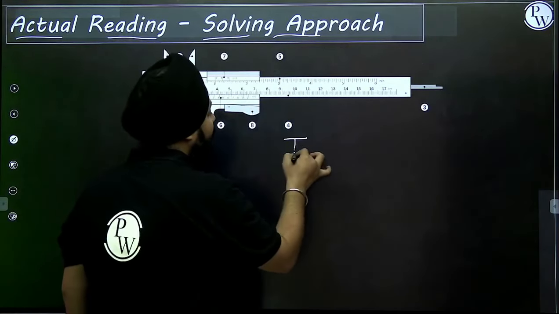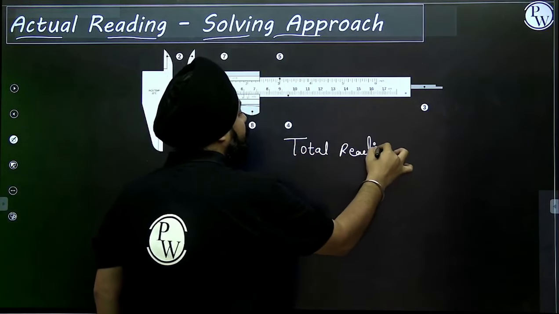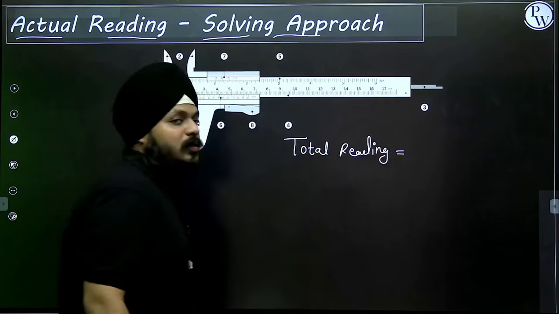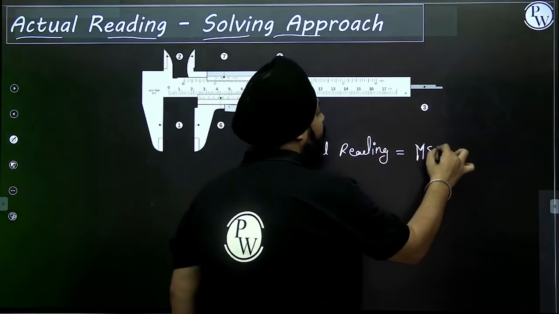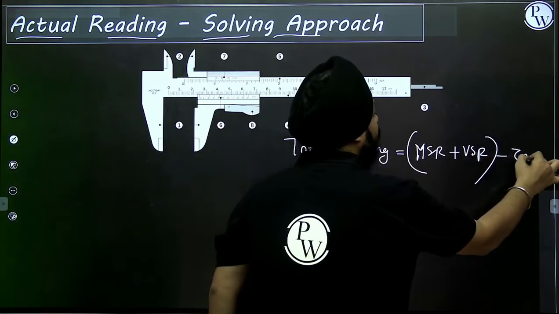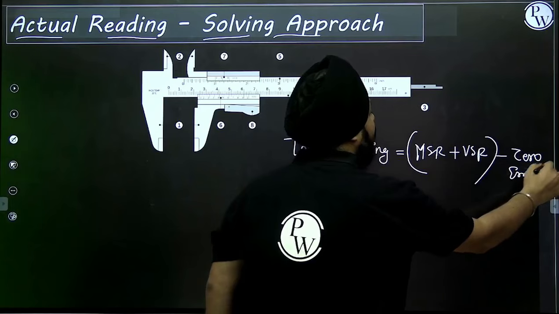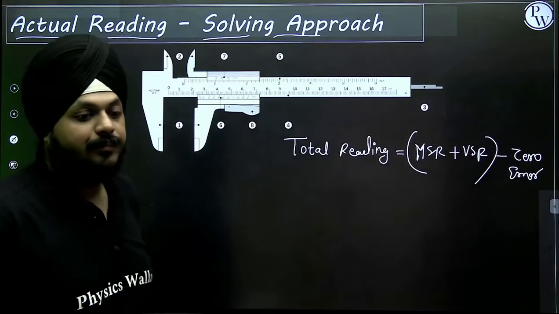The total reading is main scale reading plus Vernier scale reading minus zero error.